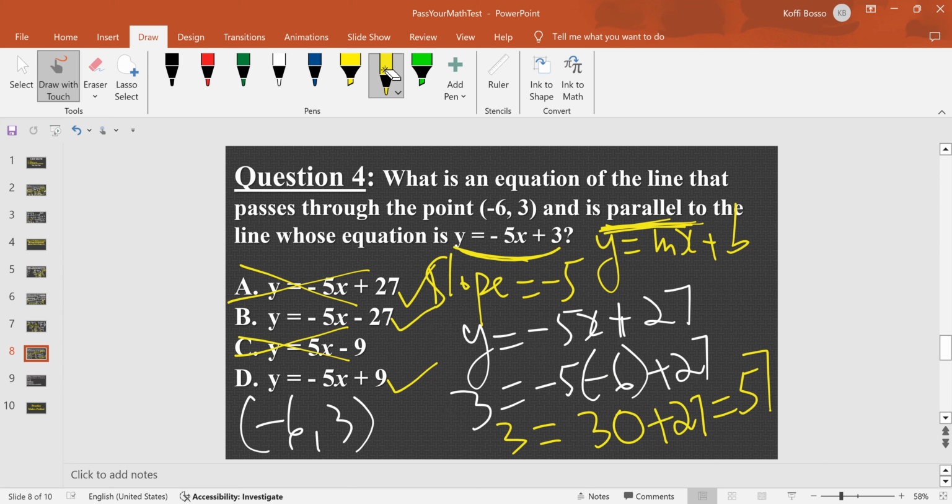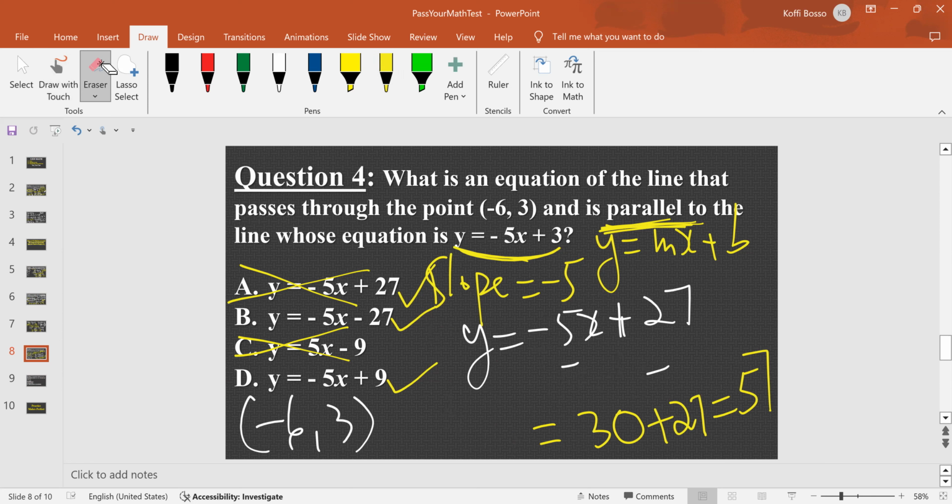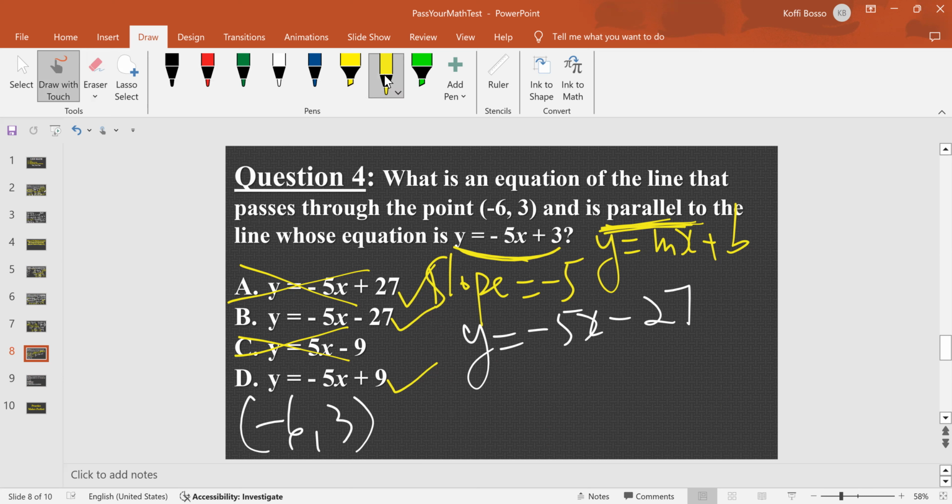Now let's check for B. For B, we have y is equal to negative 5x, this time minus 27. Same thing, I will replace x by negative 6 and the y by 3. So having 3 is equal to negative 5 multiplied by negative 6 minus 27.